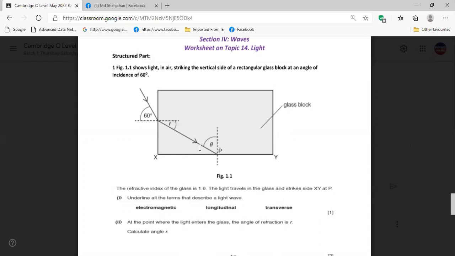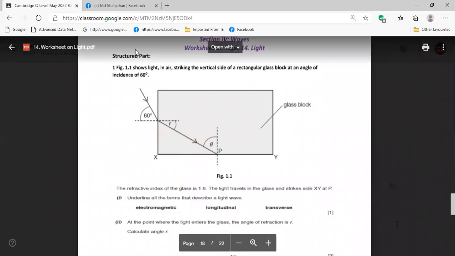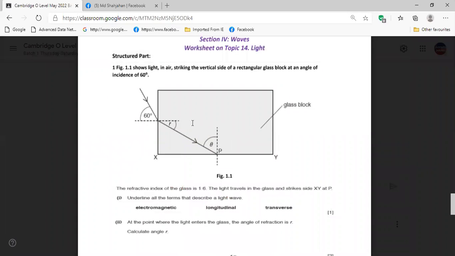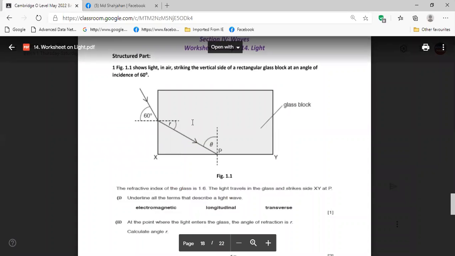At least you should have the idea how it's going. We already got theta is 57 degrees. So you write here 57 degree. If it is 57 degree, then the other side also will be 57, isn't it?